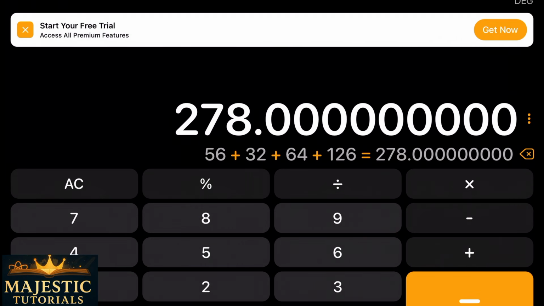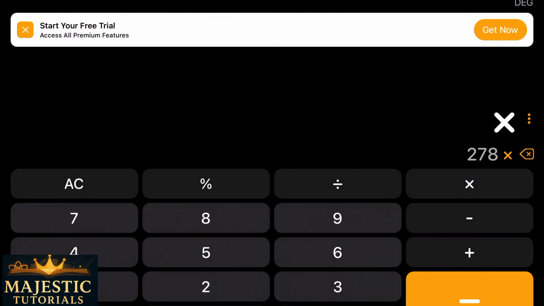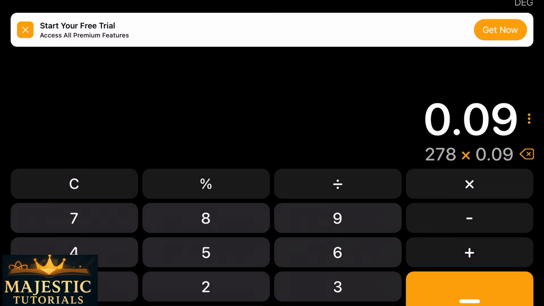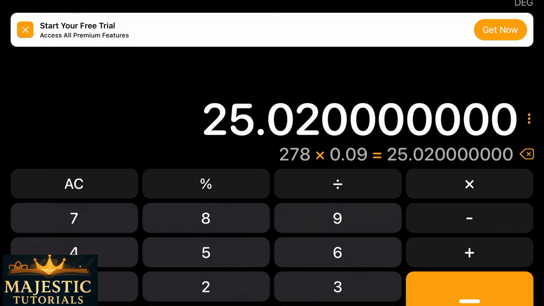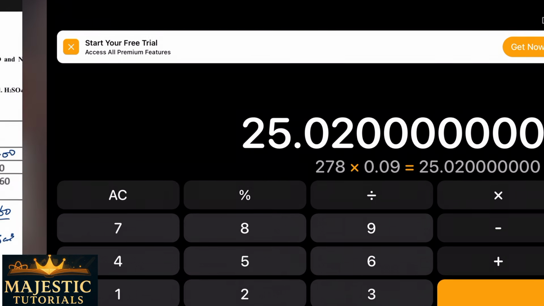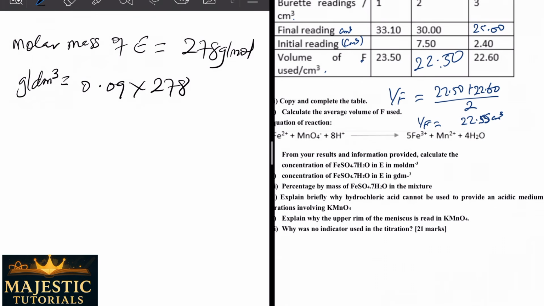So we simply say 0.09 times 278, which is 25. All right, 25 gram per dm cube is the concentration in gram per dm cube.